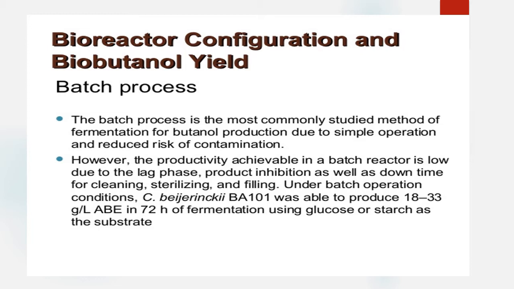If we use batch, the production of our desired product will be very low, because whatever medium is present inside is completely utilized by the organism and the product is produced, but the amount of product will be low compared to fed batch or continuous process. After 72 hours of fermentation, they will check whether the product has been produced from the fermentable sugar.